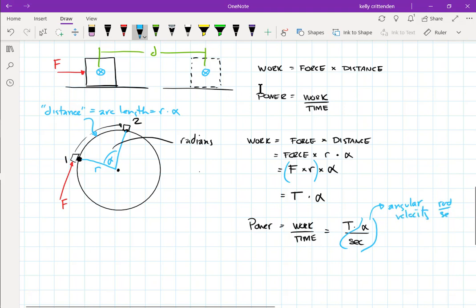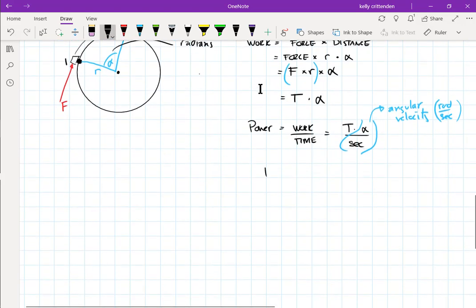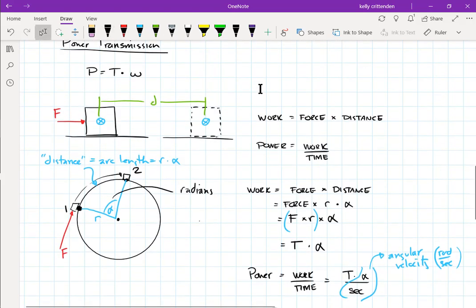Radians per second. And then I have my power equals torque times, instead of alpha per second, radians per second, I'll just usually put omega. And so that's where we're getting our power equals torque times omega equation. Same thing that you would use if it was sliding a box across the table.